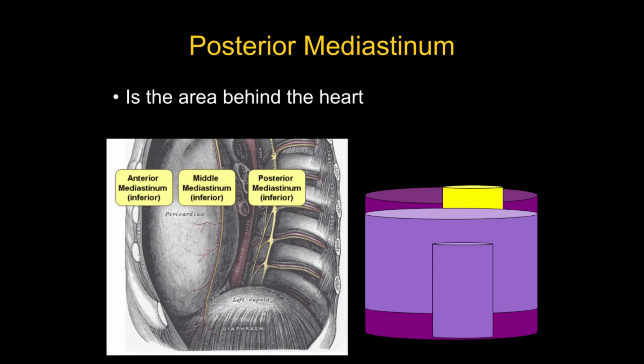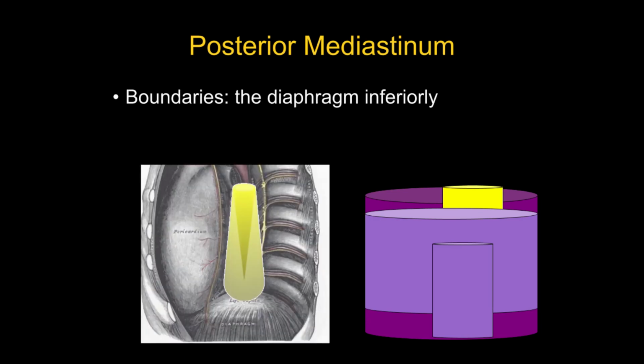Just to put it into context, the anterior mediastinum of the inferior half of the mediastinum is a very tiny compartment. Most of it is occupied by the middle mediastinum, and the remainder of the space is the posterior inferior mediastinum. The inferior boundary of the posterior inferior mediastinum is the big dome of the diaphragm.